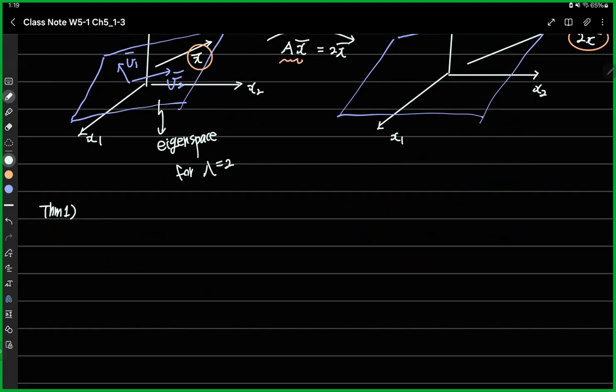The eigenvalues of a triangular matrix are what? The entries on its main diagonal.